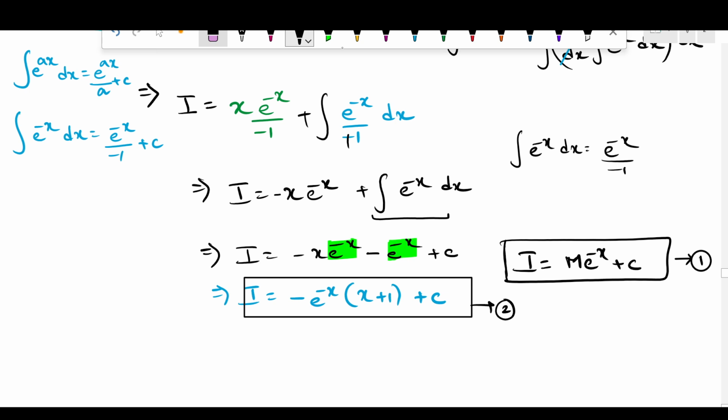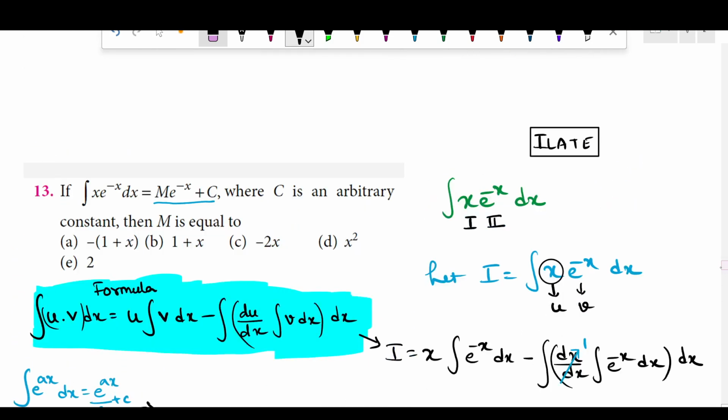Now compare, you will get m equals to minus of (x plus 1), right? Let me write it again, minus of (x plus 1). Let's check the options. This will be minus of (x plus 1). Option A is the correct answer.